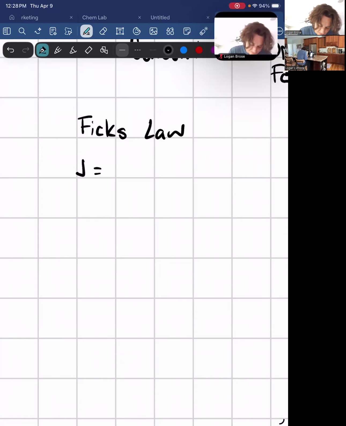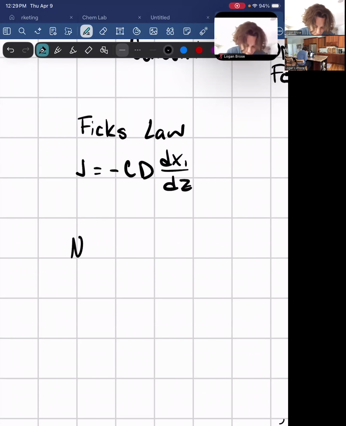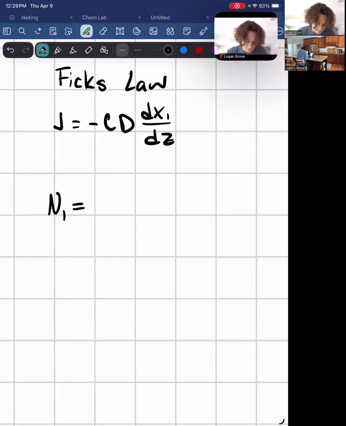J equals minus C D dx over dz. And when we look at molar flux, we know that our total molar flux N1 equals our J1 plus our Y1, which is our vapor phase concentration, times our total molar flux.